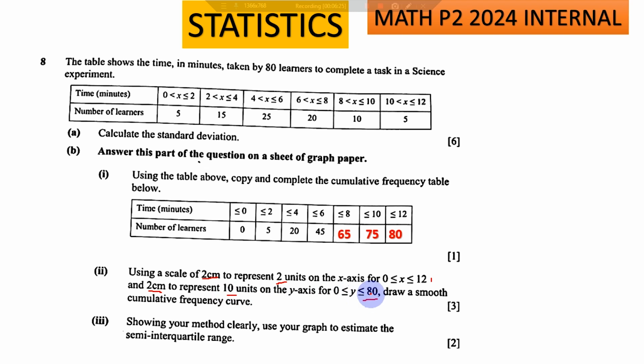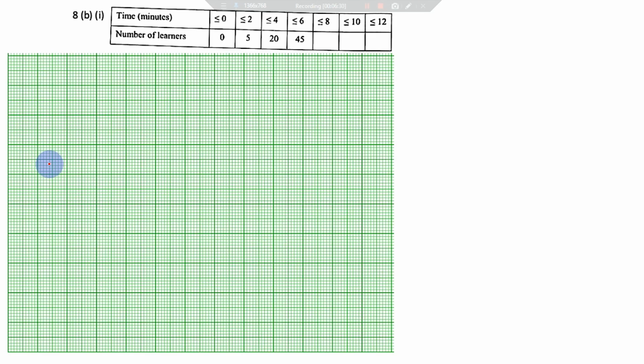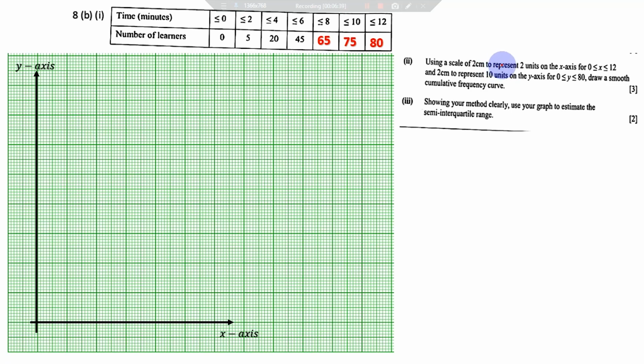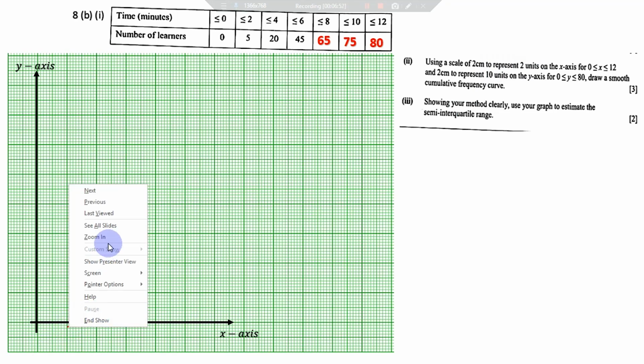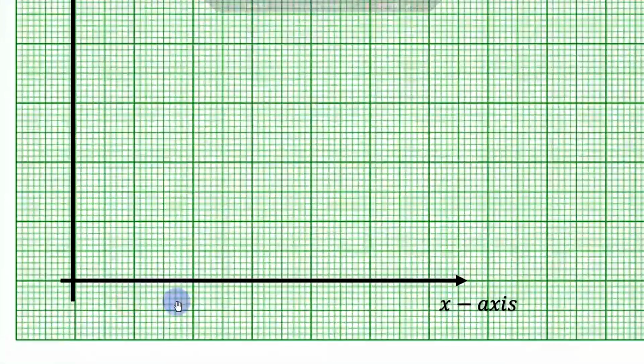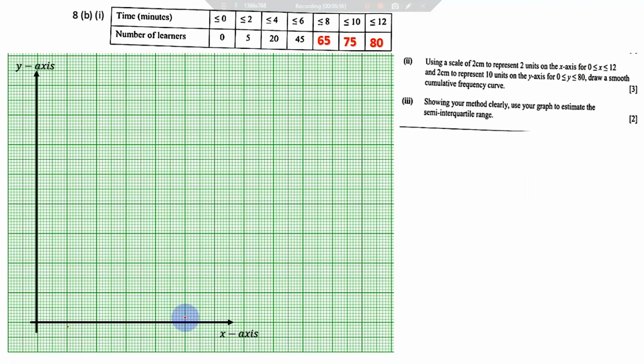Okay, so now let us align our scale on the graph paper. So in the y-axis, and then we have the x-axis. We have 2 centimeters to represent 2 units, and we're going up to 12. So in that bigger box we're saying that is 0, then this is 2, then 4, 6, 8, 10, and 12.